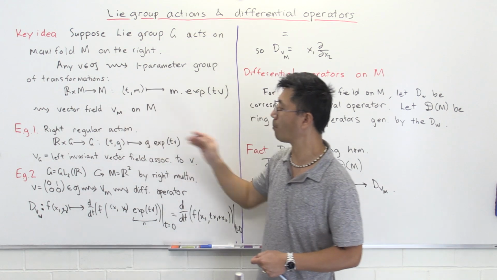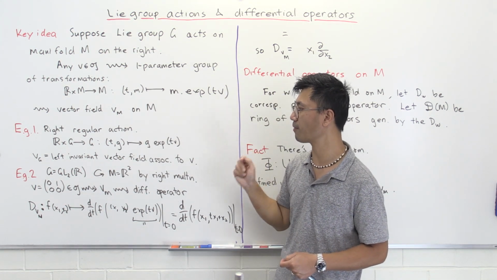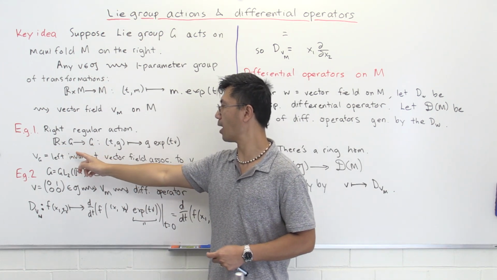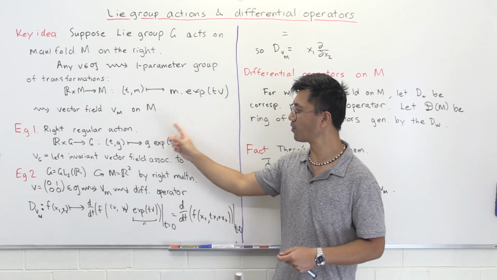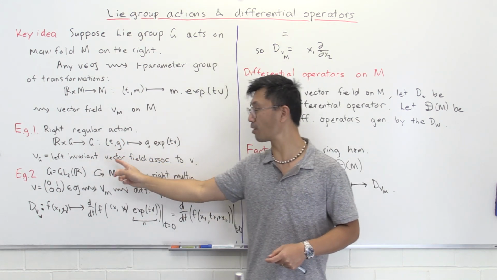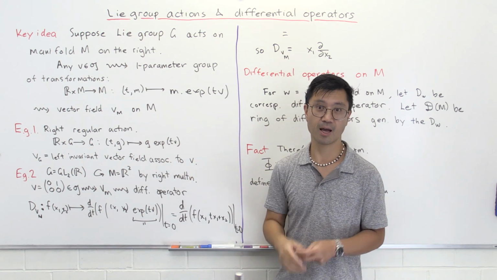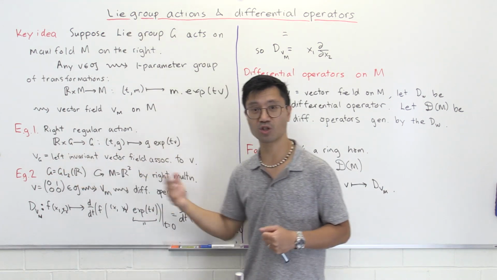There's your one parameter group of transformations, the group G acting on itself. And here what happens is you see that you also get a vector field now on G. And what vector field is that? It's actually just the left invariant vector field associated to this Lie algebra element V. And it's probably what you would have expected, right? Because that's the natural vector field that you can cook up from there.